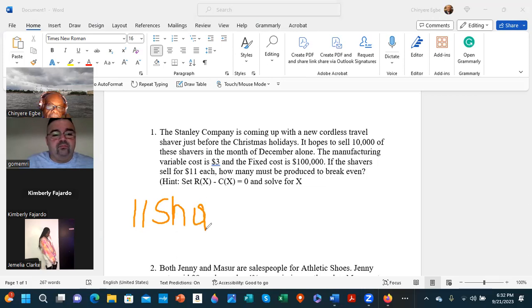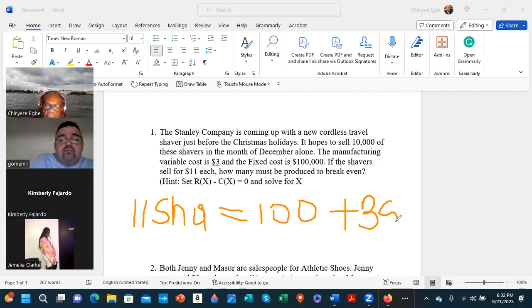That's 11 times the number of shavers is equal to 100,000. I'm just going to put 100 here, right? Plus 3 times the number of shavers.